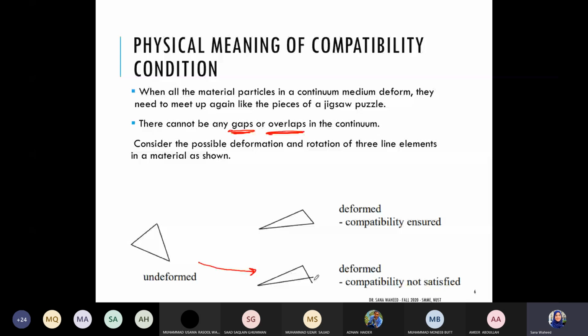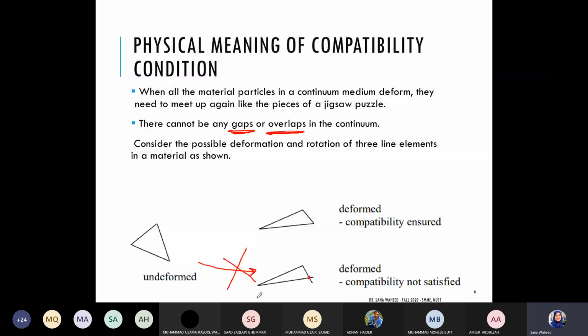Secondly, what is this overhanging part? This makes no sense in a continuum assumption, right? What is this? Is this matter? Is this not matter? It's like a weird little overhanging gap that doesn't make physical sense with the continuum assumption. So that's why this is not a compatible deformation.